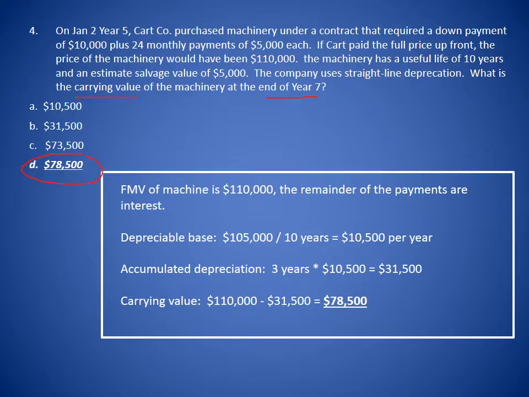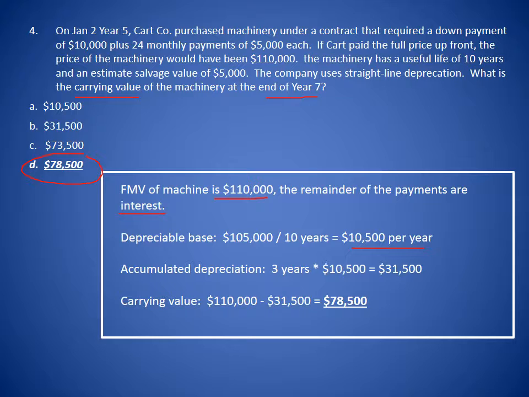And as we did in question number 3, the fair market value of the machine is $110,000, and the remainder of any payments over that is interest. Our depreciable base is $105,000, which is the $110,000 cost of the machine minus the $5,000 salvage value, divided by 10 years equals $10,500 a year, just like in answer 3.